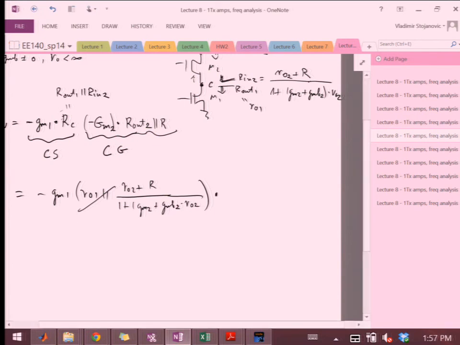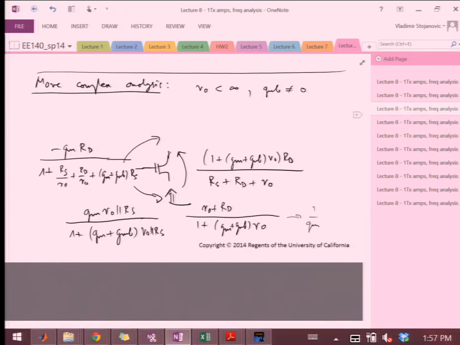And then if we look at this overall gain over here, again, I can go back and take a look at this expression. So I'm going from here up. And this is the expression for the common gate amplifier.